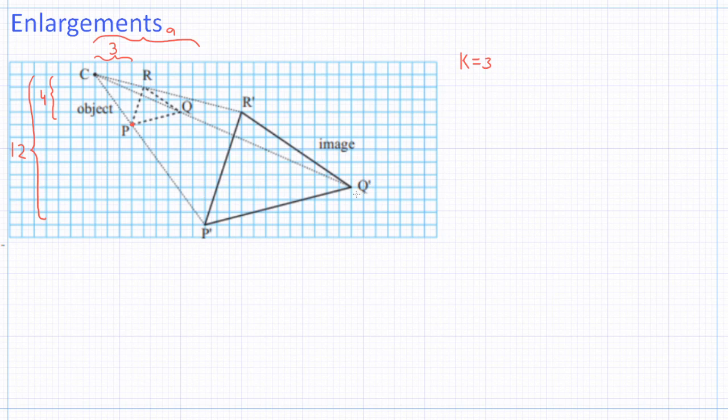We could do the same thing for Q. We had our point Q here, which was 1, 2, 3, 4, 5, 6, 7 to the front. So 7 ahead of C and 3 down.